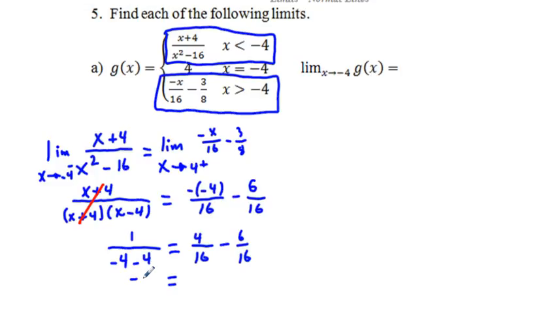So we're going to have negative 1/8 on the left side. And on the right side, we're going to have 4 minus 6, which is going to be negative 2 over 16. And negative 2 over 16 equals negative 1/8. So our answer here is going to be negative 1/8.